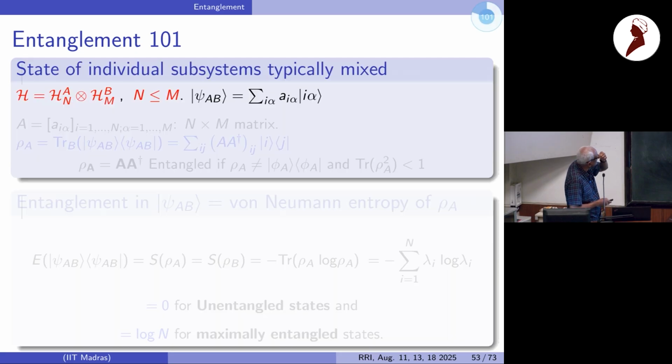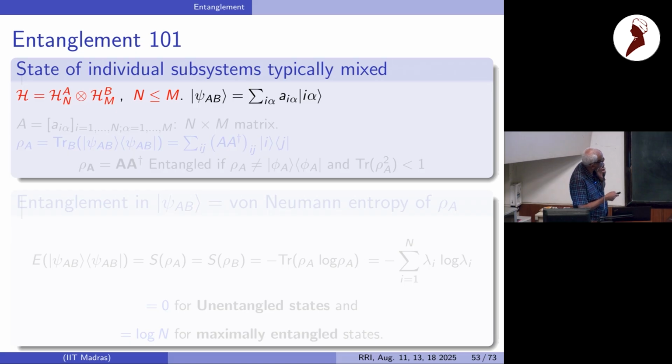So how does one measure entanglement? Here is a pure state of two particles, bipartite. You call them particle A and particle B, or system A and system B, which can consist of many particles, of dimension n and dimension m, let's say n is smaller than m. So a pure state can be written as a sum like this in some product basis.